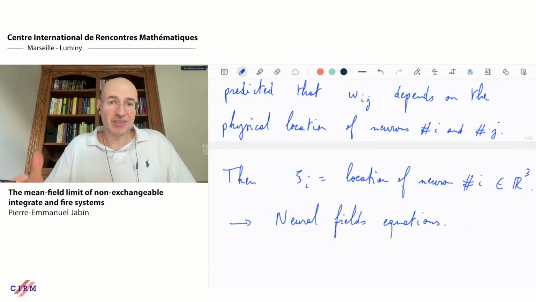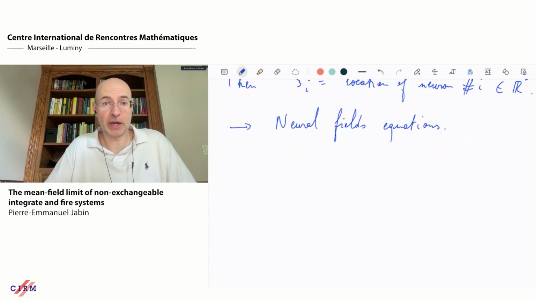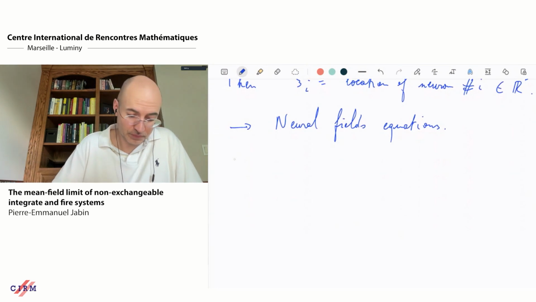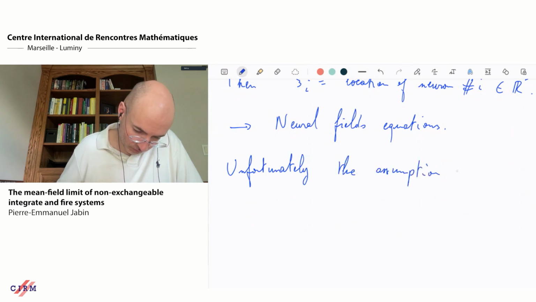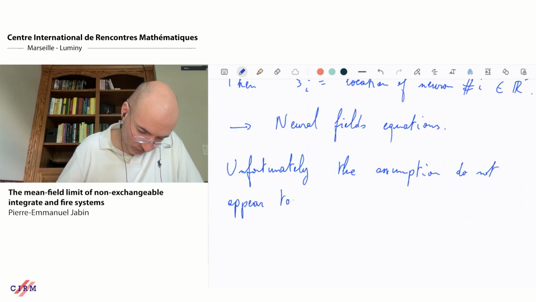That's all well and good, but this is also something that has received its share of criticisms, and the criticisms in particular are based on the fact that the assumption is essentially not true, in the sense that it's relatively easy to find in the brain neurons that are very, very close by and that have completely different connections.